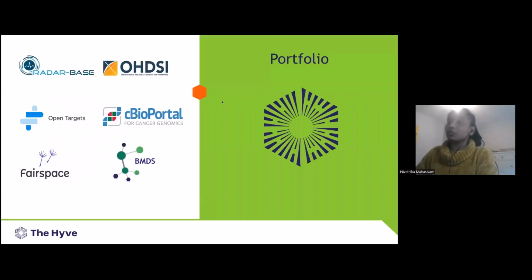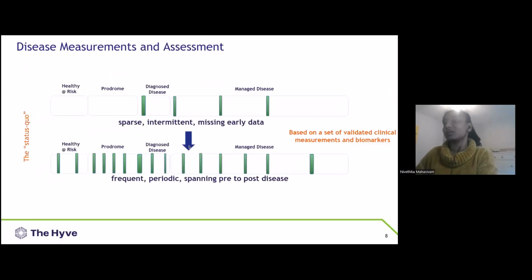And these are some of the products that we work on. I will be talking about Radarbase, which is where I work.